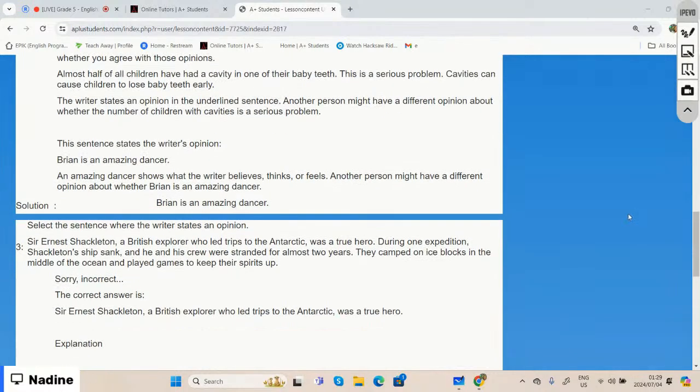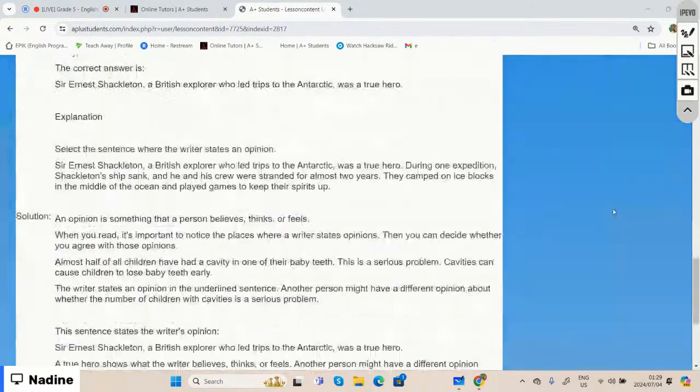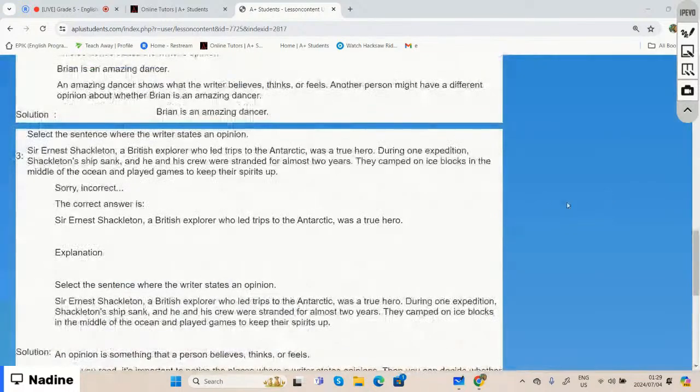All right, let's look at the last one. It says Sir Ernest Shackleton, a British explorer who led trips to the Antarctic, was a true hero. During one expedition, Shackleton's ship sank, and he and his crew were stranded for almost 2 years. They camped on ice blocks in the middle of the ocean and played games to keep their spirits up.